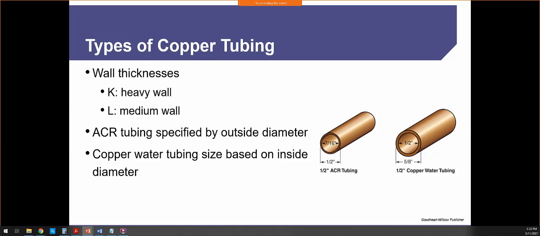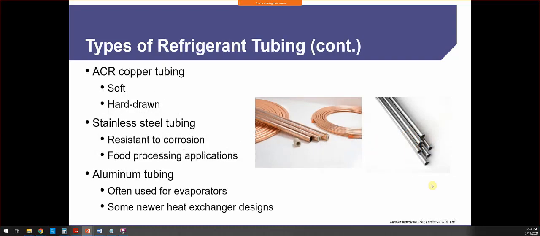If we're sweating in a water heater, that sort of thing, we always want to use the medium wall thickness. If you have heavy wall, that's okay too. The medium wall is indicated by blue labeling, blue numbering on it. So if we go back to the previous slide, you can see that this can be considered an L wall. All right, it's got that blue labeling on it.